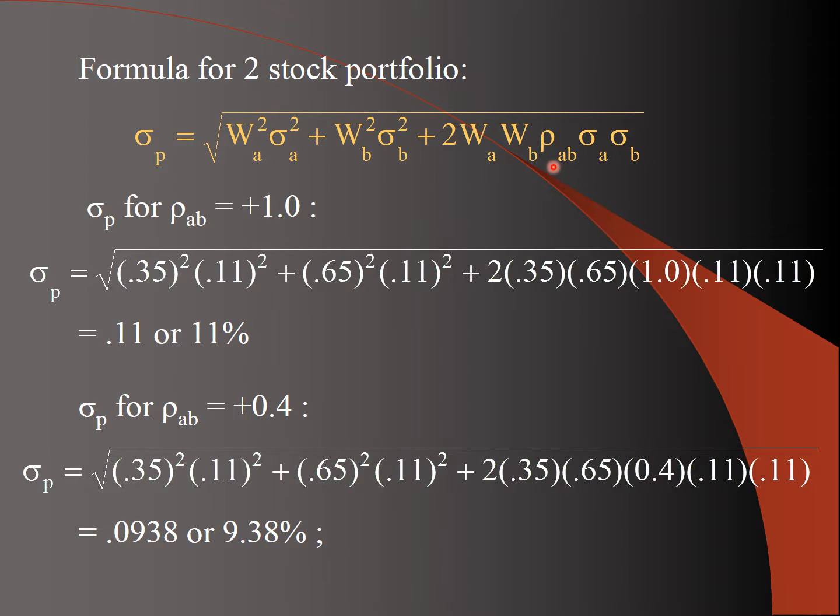You will also see it represented by the letter small r. So either r or rho represents the correlation coefficient.